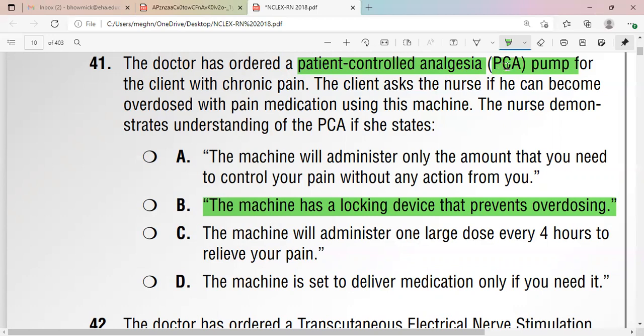PCA pumps usually are set to lock out the amount of medication that the client can give himself at 5 to 15 minute intervals. So answer D does not address the client's concern, right? So the correct answer is number B.